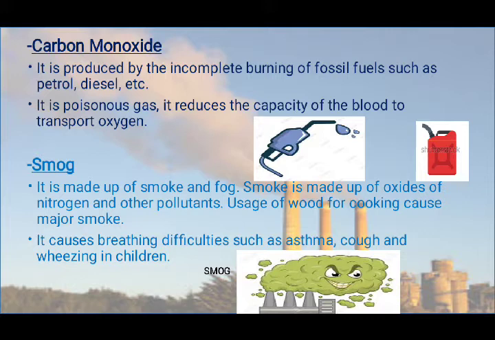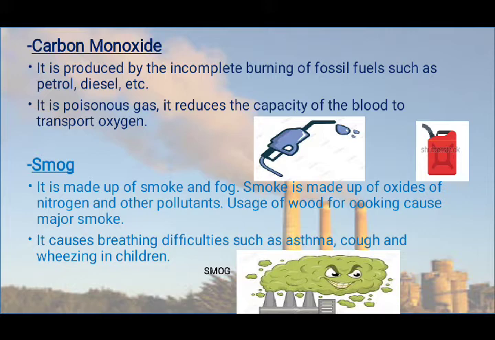Usage of wood for cooking causes a lot of smoke, and when it gets added to the fog present in the air, it forms smog. Whenever smoke is suspended in our air, it causes breathing difficulties and may result in diseases like asthma, cough, and wheezing in children.